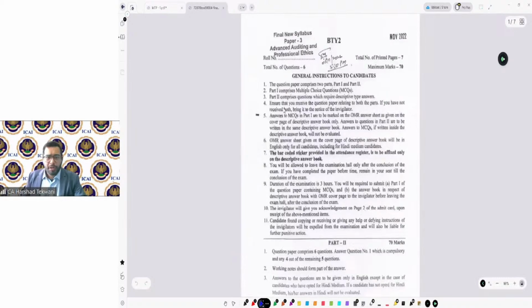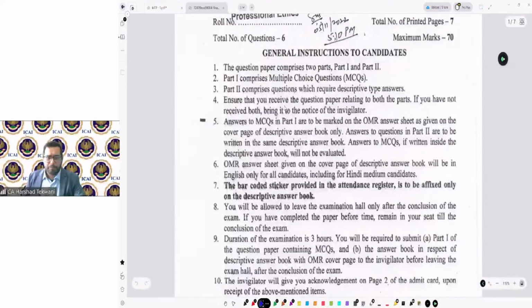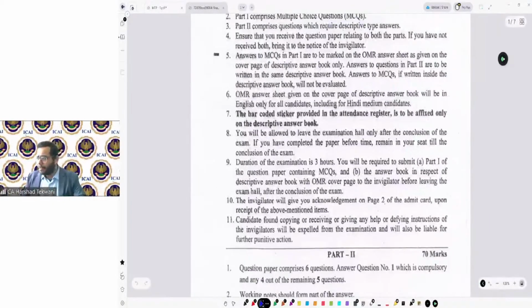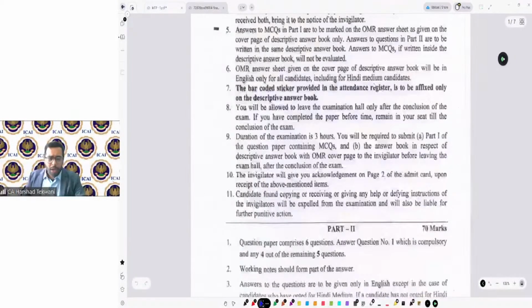Okay. This was a paper for November 2022. Now I am showing and discussing this paper. This is available on the website also.